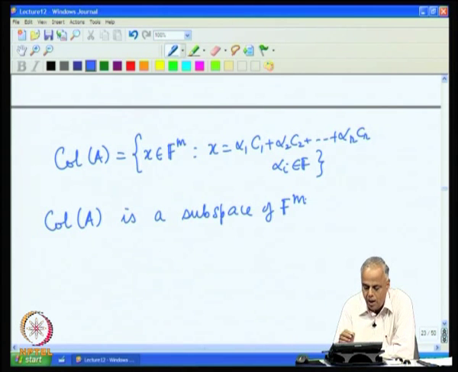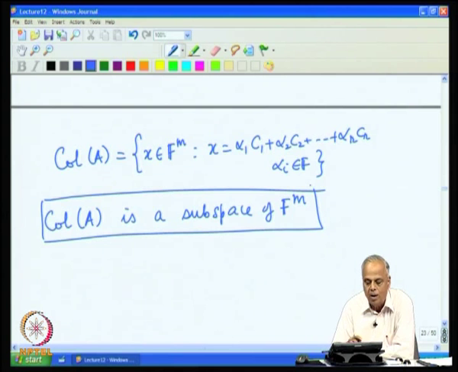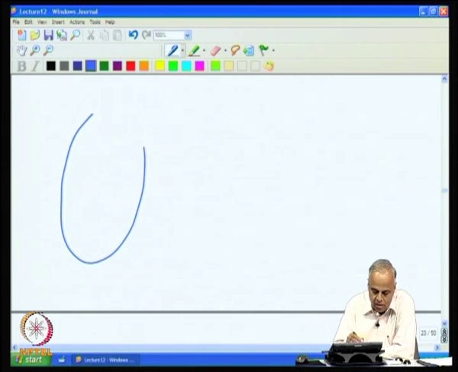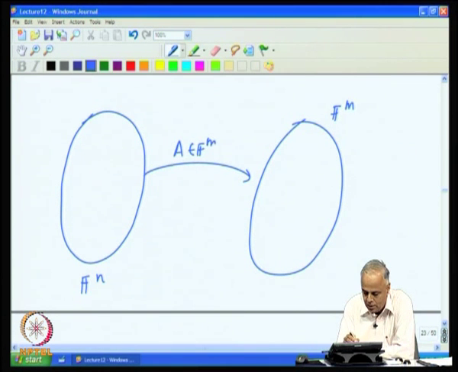So, now we have got another new subspace, namely the column space of A. Let us look at what we have got. We have Fn, we have Fm, and we have the matrix A, which belongs to Fm×n, which takes any vector in Fn to a vector in Fm.